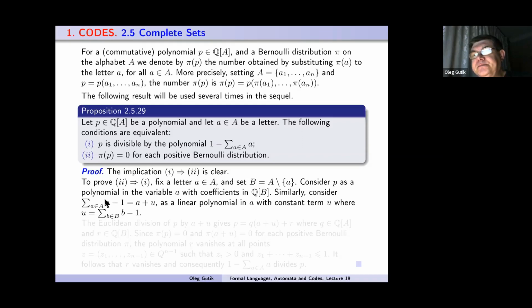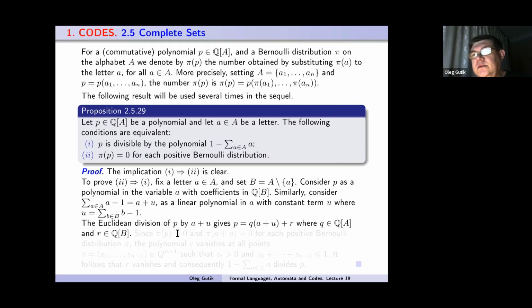Similarly, consider the polynomial, the sum of A from the alphabet A capital, A minus 1, which is equal to A plus U, as a linear polynomial in the variable A small with constant term U, where U is equal to the sum of B, where B from B capital, minus 1.